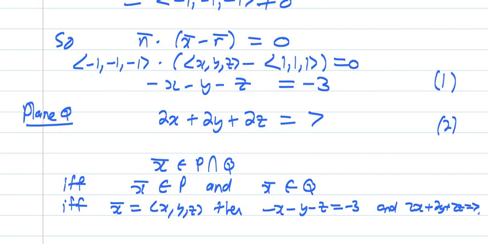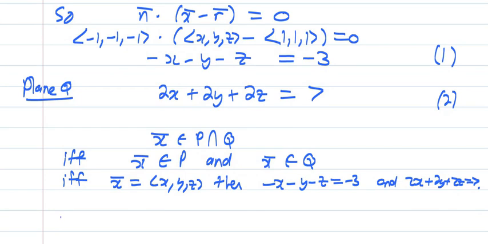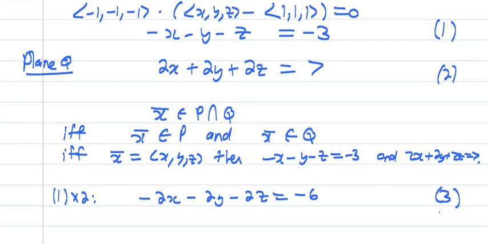All right. Now, if you look at equation 1, the coefficients of x, y, and z are the same. If you look at equation 2, the coefficients of x, y, and z are the same. So let's take equation 1 and we double it. Then we get minus 2x minus 2y minus 2z is equal to minus 6. Let's call this equation 3. We can repeat equation 2.